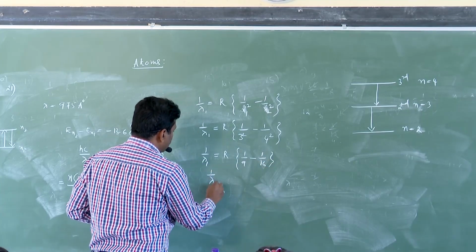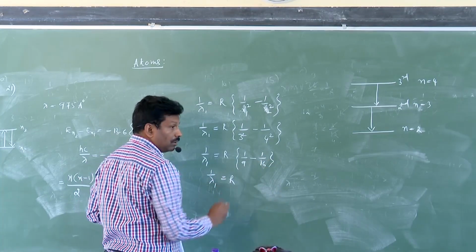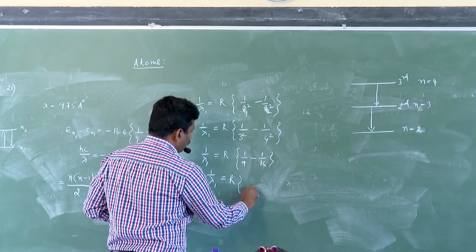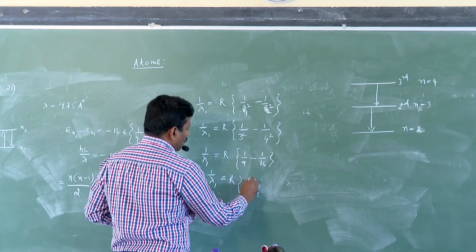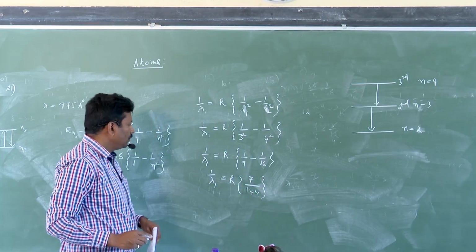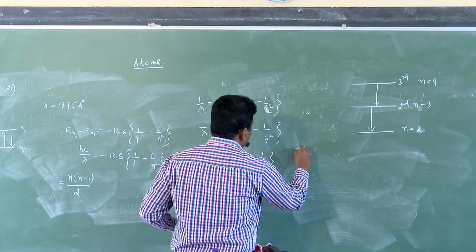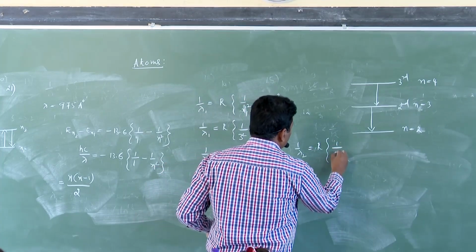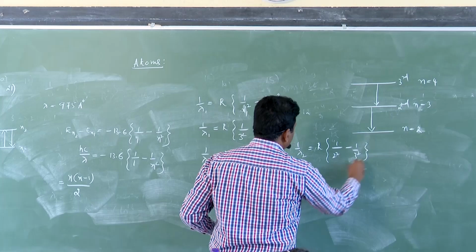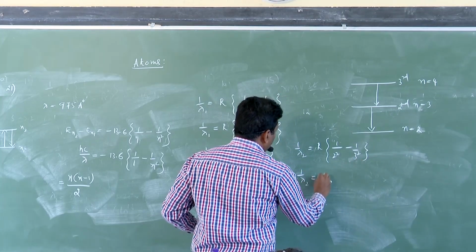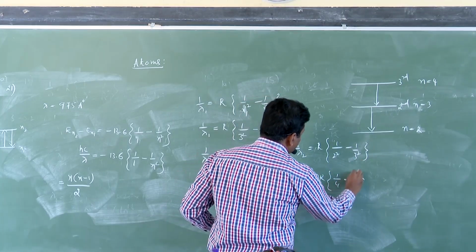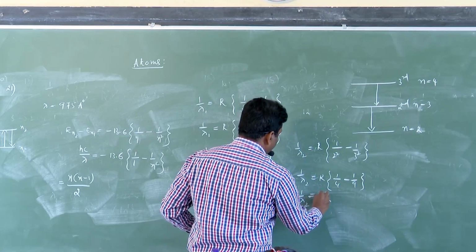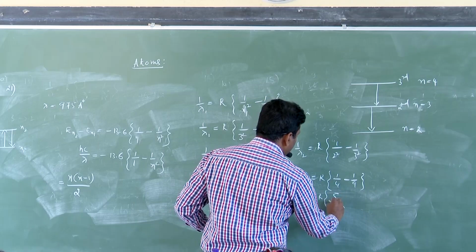I think we have already done this. So it is 144 by 7, this is lambda 1. Lambda 2 is R into 1 by 2 square minus 1 by 3 square. So 1 by lambda 2 is R into 1 by 4 minus 1 by 9, which is 5 by 36.